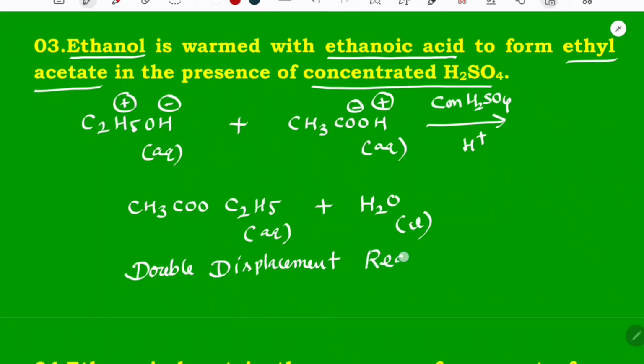Actually, it will come in the carbon compounds chapter. Here, the importance of concentrated sulfuric acid is that it is called a dehydrating agent. It can remove the water from this reaction. So this is a double displacement reaction. Next.